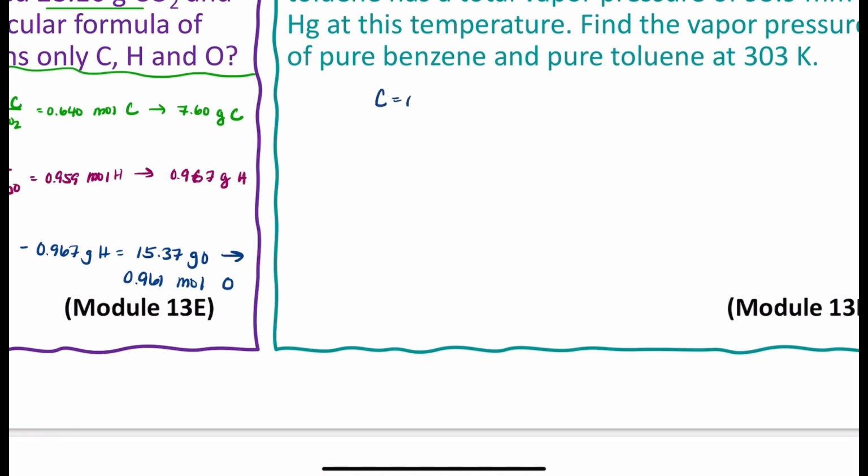So carbon has 0.640 moles. Oxygen has 0.961 moles. Hydrogen has 0.959 moles.